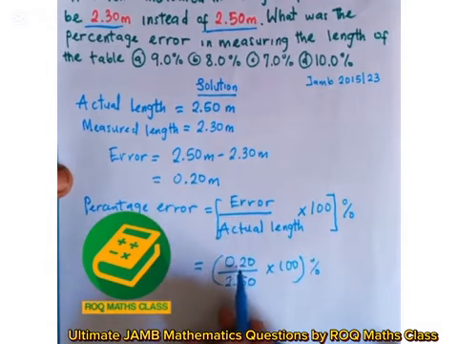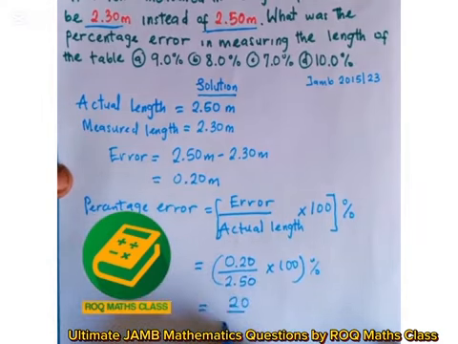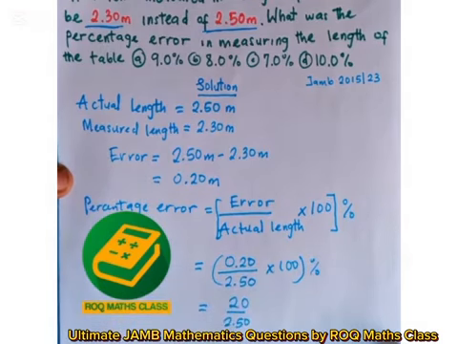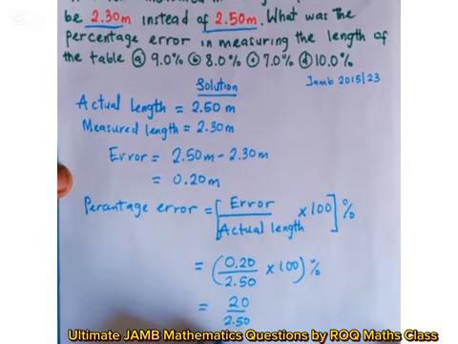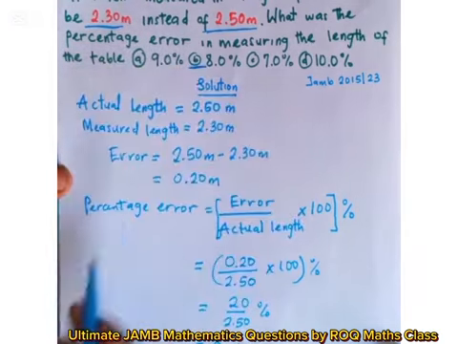So 0.20 times 100 is 20 over 2.50. So 20 divided by 2.50. What's going to be the answer? The answer is equal to what? 8%. So our final answer is what? 8%, which is what? Option B. So this is our final answer.